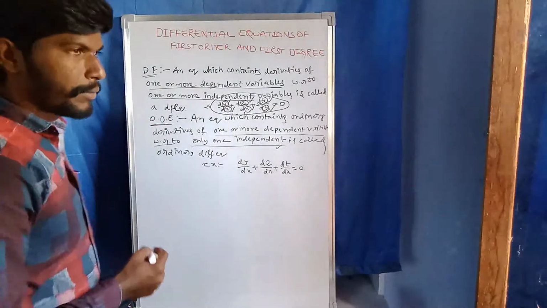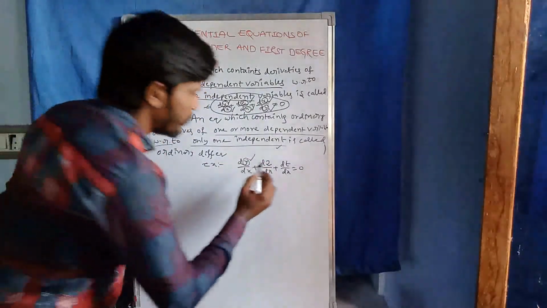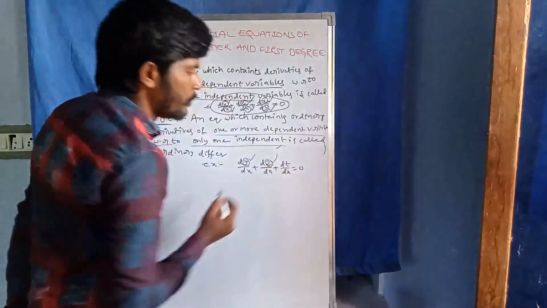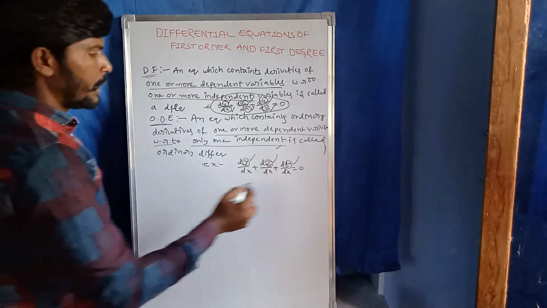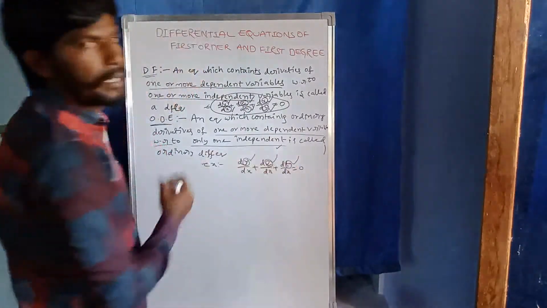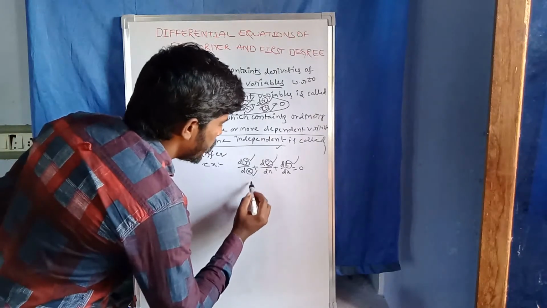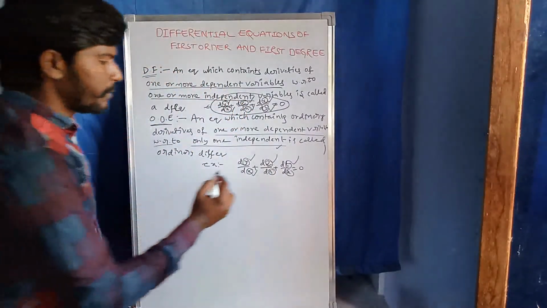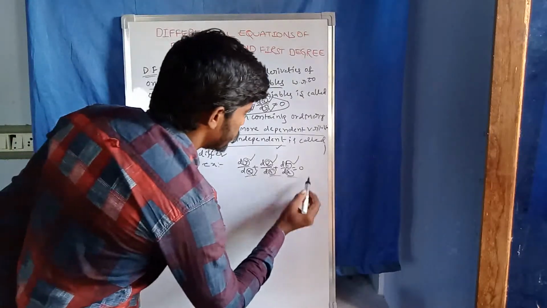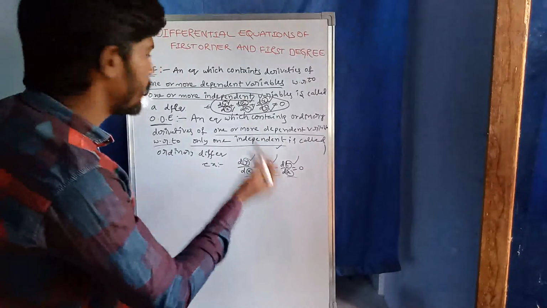In this equation, y, z and t are dependent variables, but x is the only independent variable. This is an ordinary differential equation.